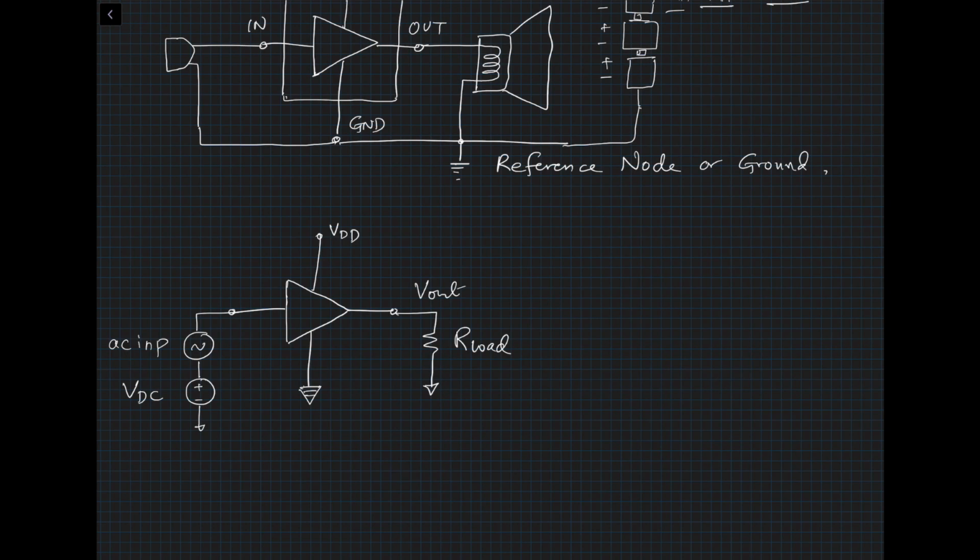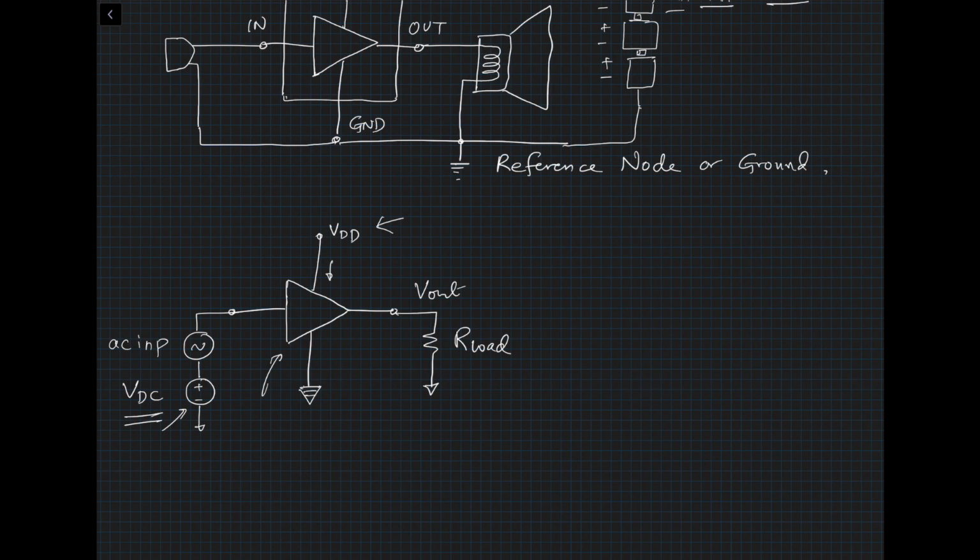Initially, you would do a DC analysis, which means you would apply only this DC voltage and only the VDD. Then you would measure the current flowing through your circuit, and based on this particular DC voltage, you will have a certain model of your amplifier that you can use to conduct AC analysis.